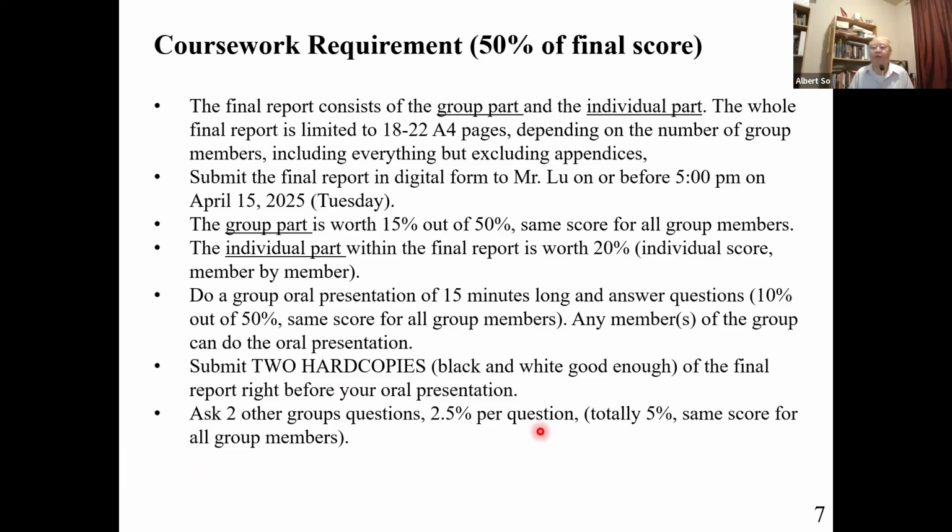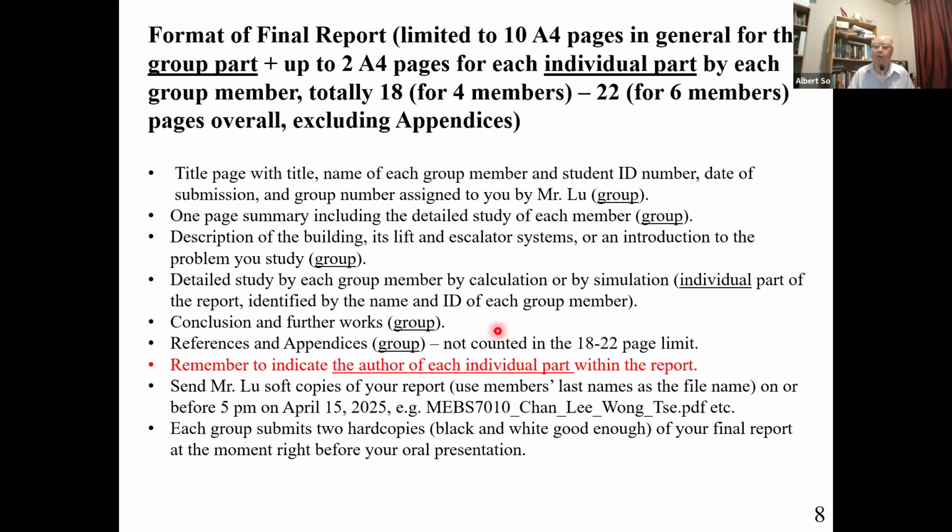I don't want just me and Mr. Lu listening to the presentation, so everybody will listen because you need to ask questions afterwards. You can see all added together will be 50%, and out of this 50%, only 20% is individual. The remaining 30% is group, the same marks for the whole group.